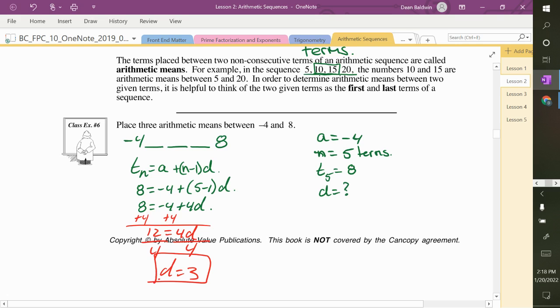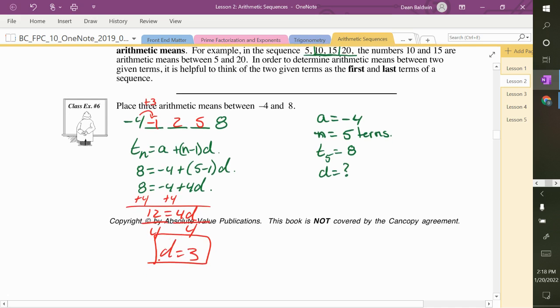That's the common difference. So what are the intermediate terms here? How do I get this next term? Add 3. What's -4 plus 3? Add 3 again. What's the next one? Add 3 again, you get 8. So it works out. Okay?